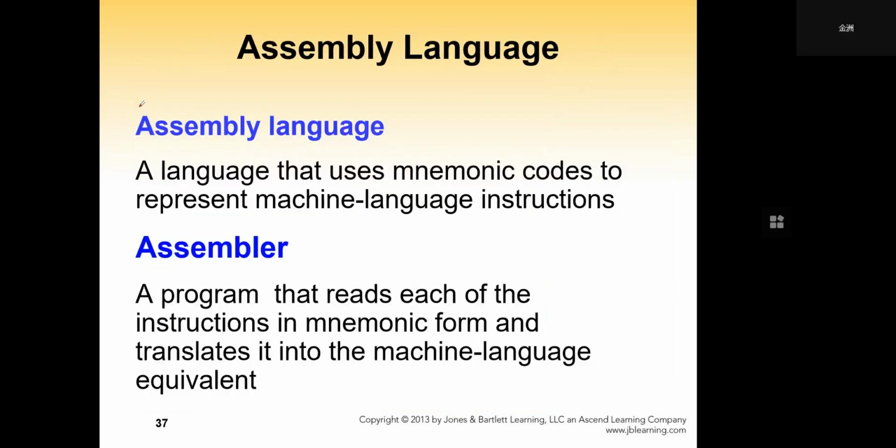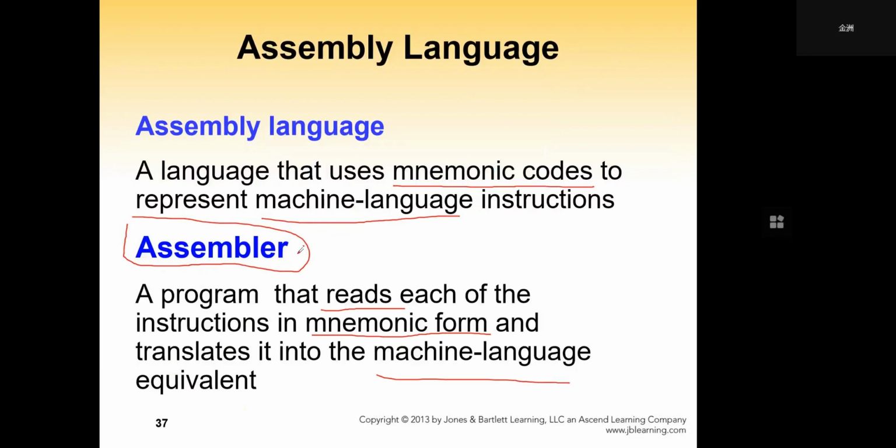Assembly language is a language that uses mnemonic codes to represent machine language instructions. As we said earlier, we need an assembler. An assembler is a program that reads each of the instructions in mnemonic form and translates them into the equivalent machine language.